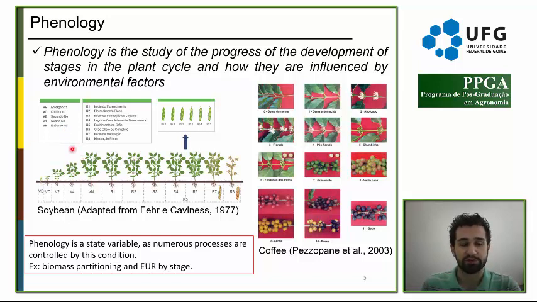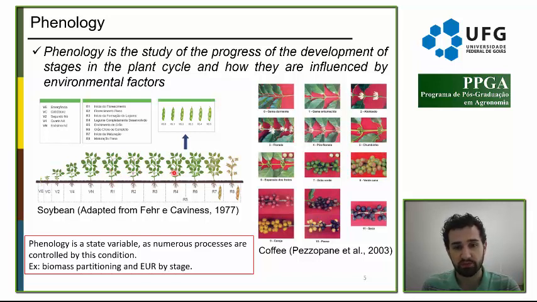For example, in the vegetative period, the crop puts more biomass to leaf growth, root growth in the beginning of the cycle. But when we change the phenology to flowering, the crop starts to reduce the biomass to leaf and increase the biomass being put in the grains or in the flower.